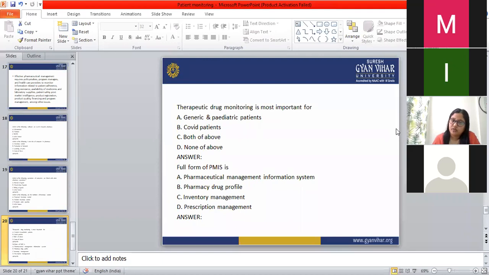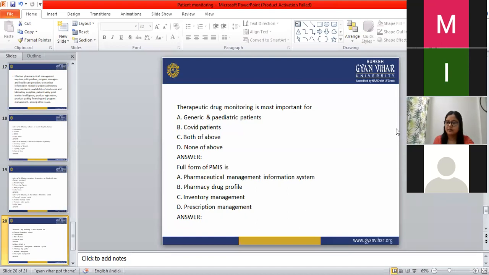So generic patient and the COVID patient, both are same or not? Generic patient and pediatric patient and COVID patient, are same or not? No, not the same.